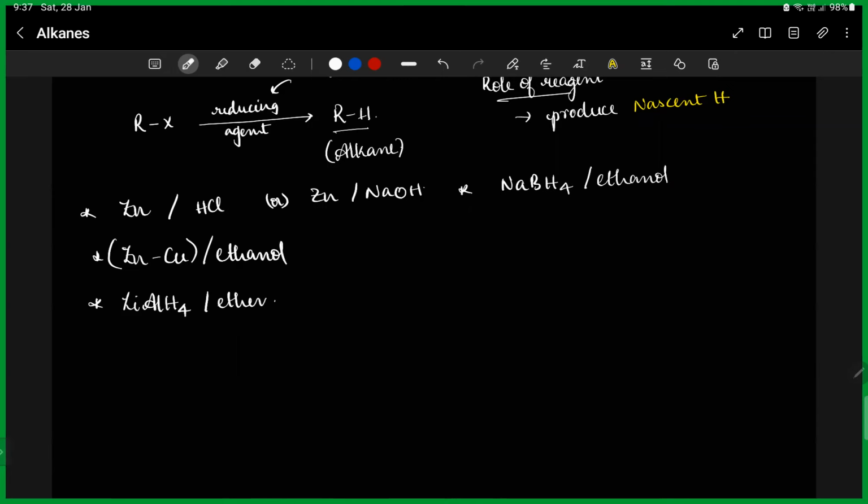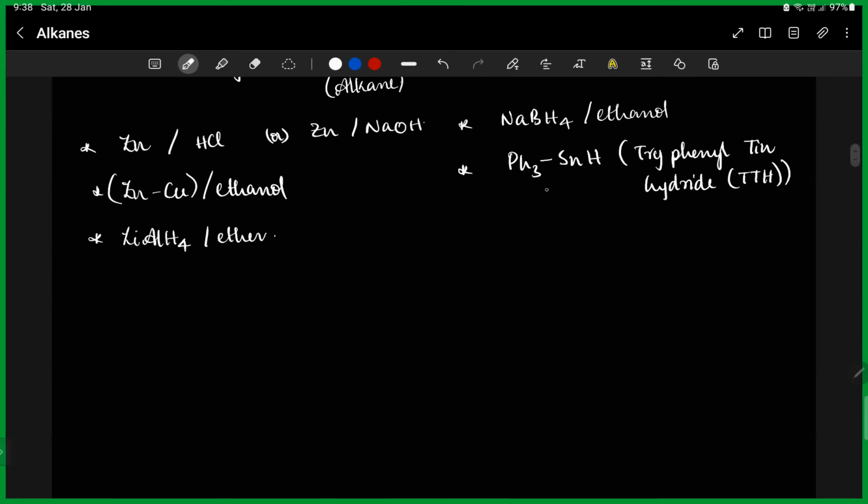Then we have Ph3SnH, triphenyltin hydride. It is also called TTH.